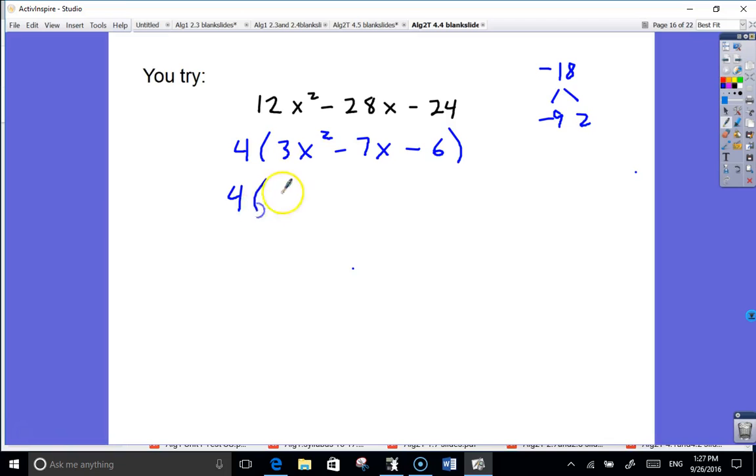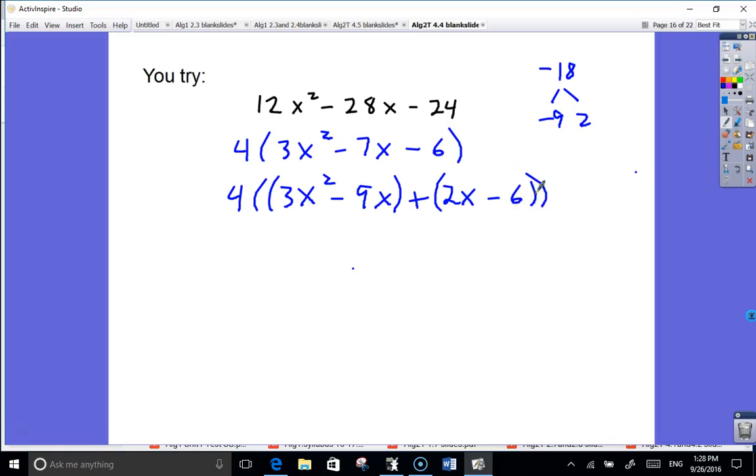So 3x squared minus 9x plus 2x minus 6. Again, I chose to put the negative term first so that I have a plus in the middle of the parentheses. And that means I can actually group on this same line. I can group, and I don't have to flip the sign of the last term. It works out just fine.